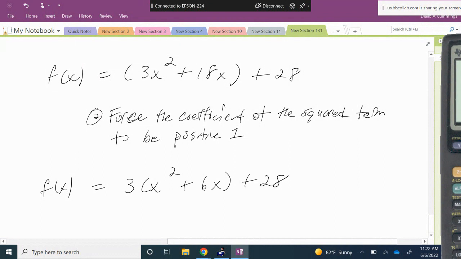So I have 3 times the quantity x squared plus 6x plus 28. Because if I go back and multiply that 3 back in, 3 times x squared is 3x squared, 3 times 6x is 18x. So now I have the right form in order to complete the square.